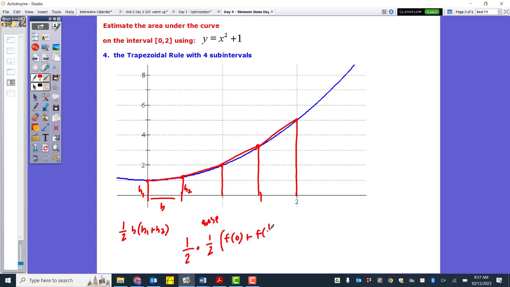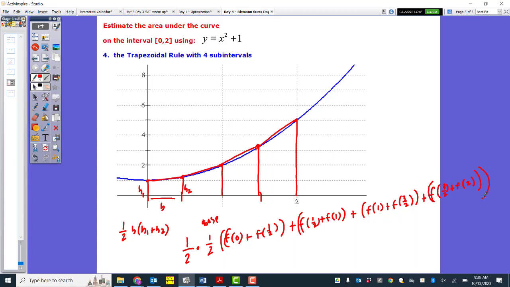So f of 1/2 plus f of 1, because those are our 2 heights. The third one, f of 1 plus f of 3/2. And then the fourth one, f of 3/2 plus f of 2.